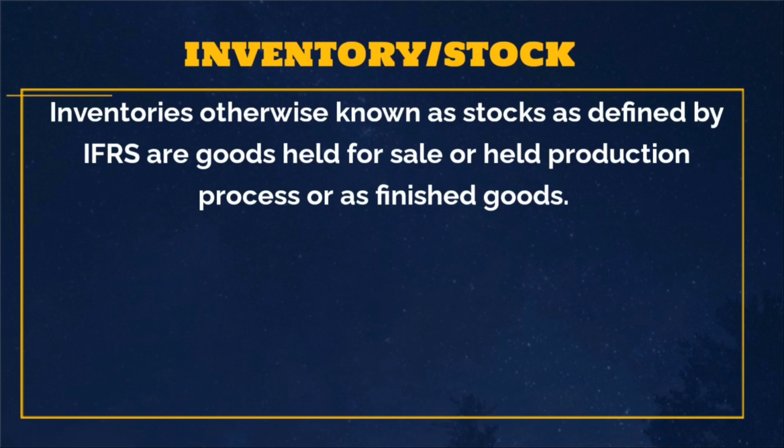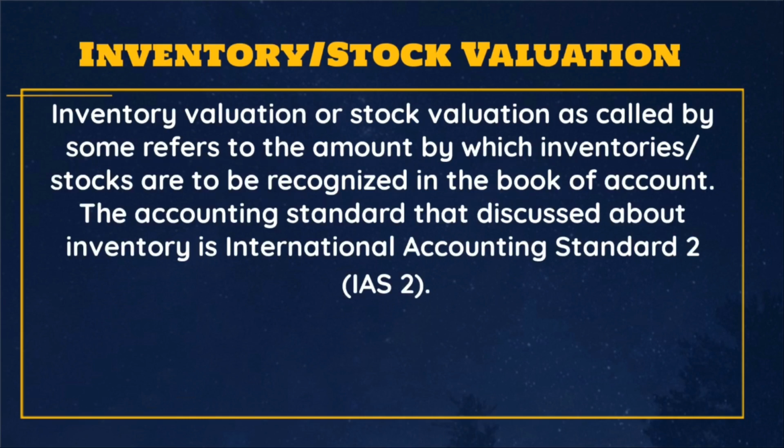That is, the produced goods by the manufacturing company. They are all inventories. So if you are talking about stock or inventory valuation, as it is referred to by some, it is the amount at which inventories are to be recognized in the books of accounts. Just like we know that the prices of goods are not stable, all these stocks or inventories are purchased at different prices.